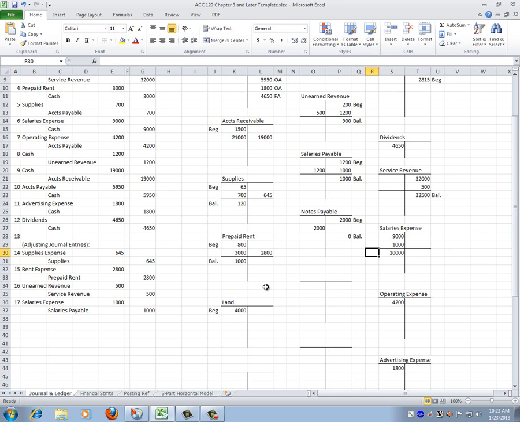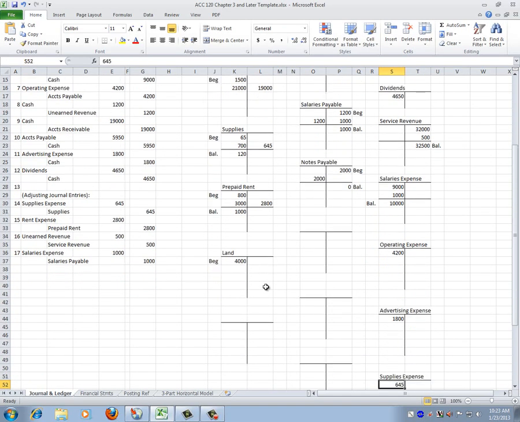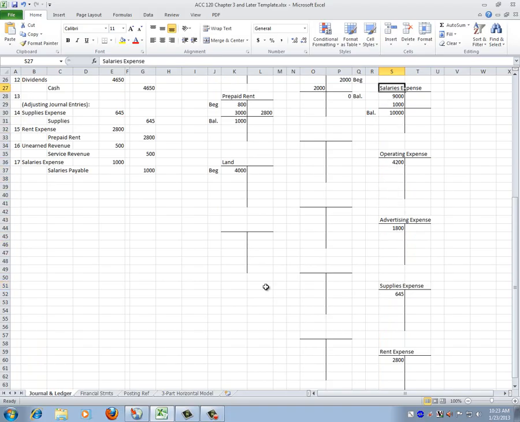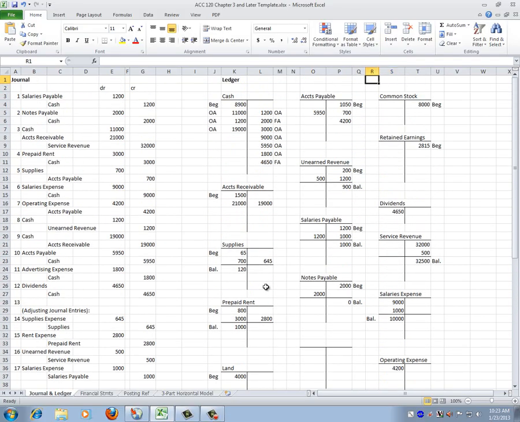These are our adjusted balances. A lot of these others are obvious. Got a few more to do.